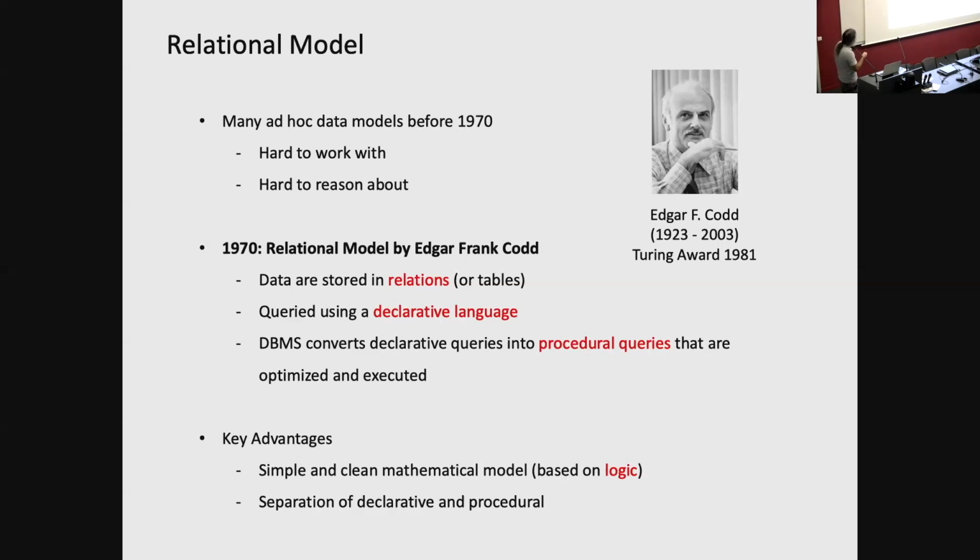Now, a few words about this relational model. This goes back to the 70s. Before the 70s, we had several ad hoc data models, which were very difficult to work with. And why is that? Because they were very close to the physical implementation. Then there was this revolutionary idea by Codd, who said, okay, let's store data as relations or tables, and then let's query these relations using a declarative language, which is based on logic.